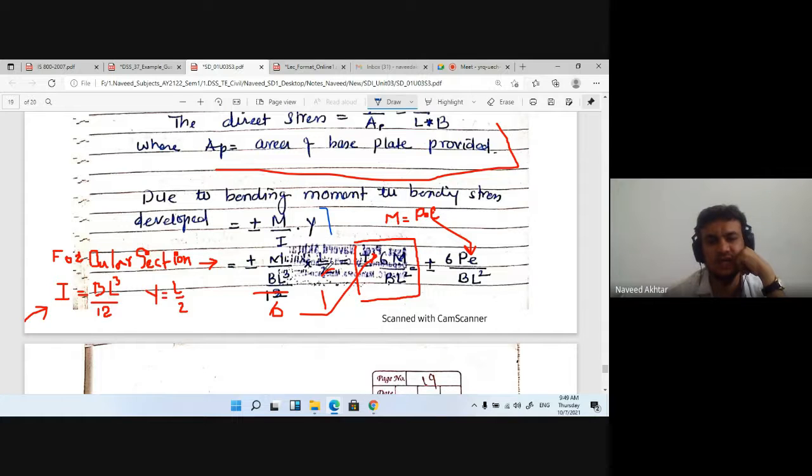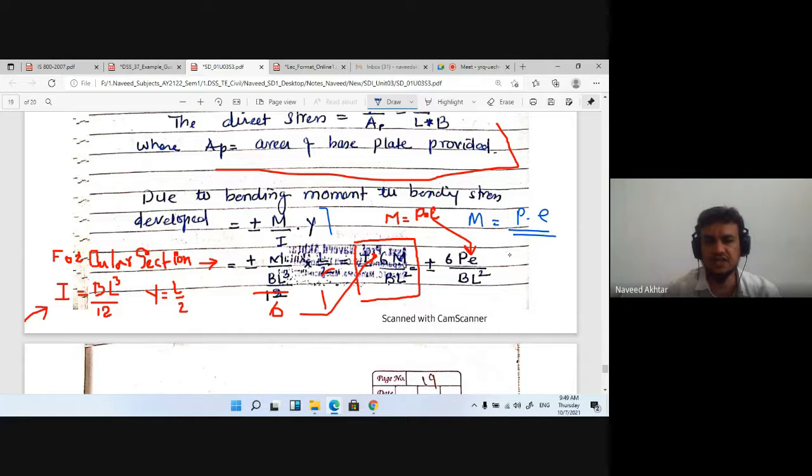This BL cube by 12 is I. This will be cancelled, so 6 will come out, 6M upon BL square. M is nothing but the moment, and moment is nothing but P into E. E is the eccentricity, P is the load.